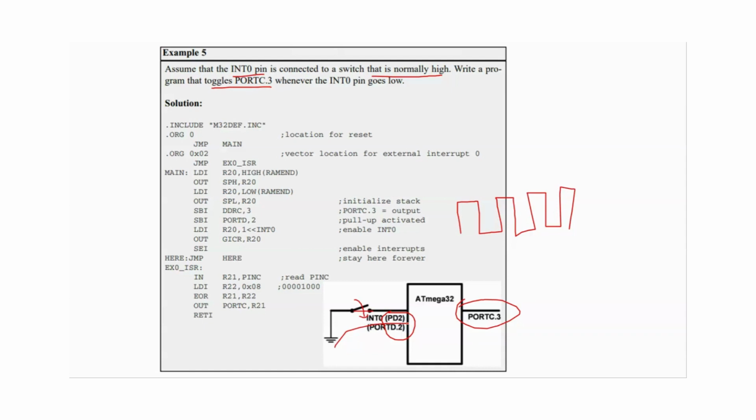So low level interrupt is enabled. Then the program should toggle port C3. Meaning if it was earlier at high, it should change it to low, and if it was at low, it should change it to high. This is the objective. Otherwise there is no other task for this program.